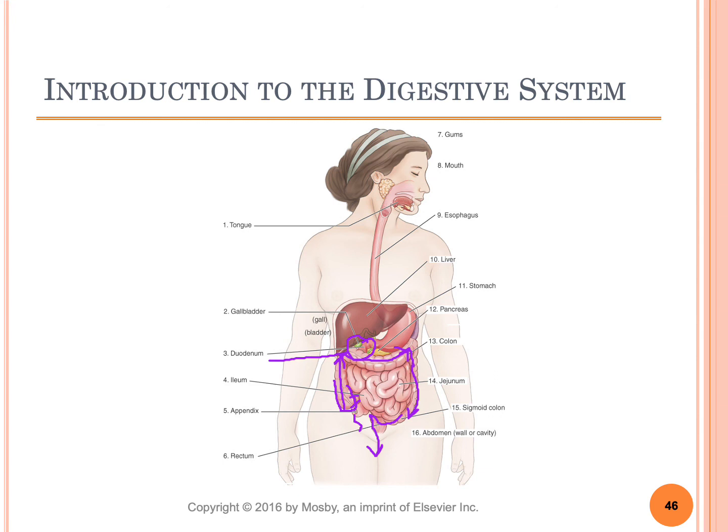Now, we do have these, like I said, accessory organs like the liver and the gallbladder and the pancreas, whose job is to secrete digestive juices to help us break down that food.